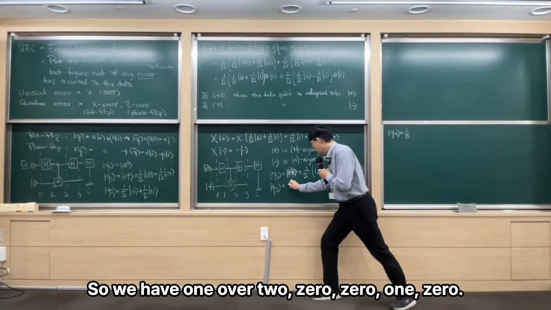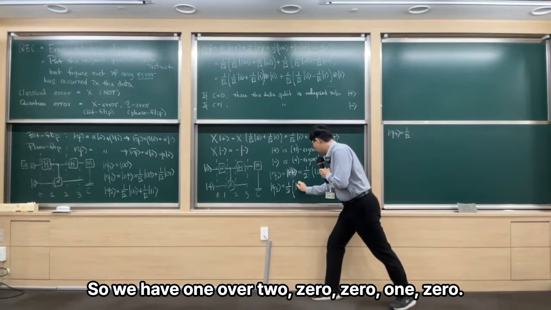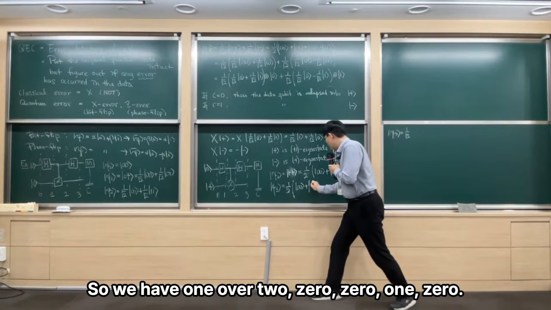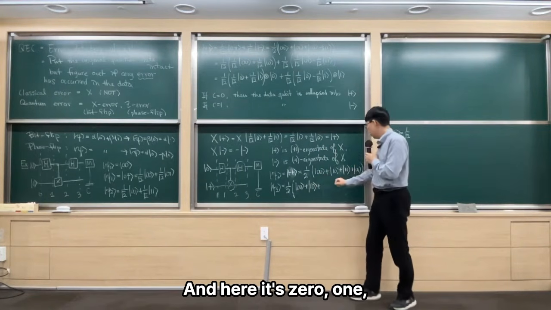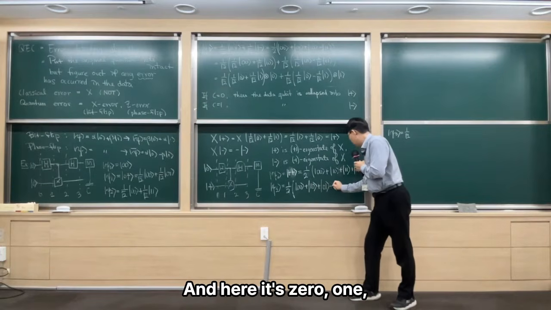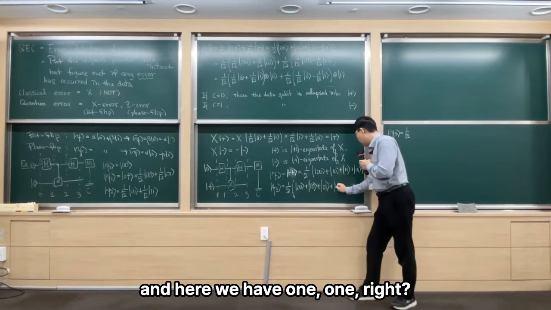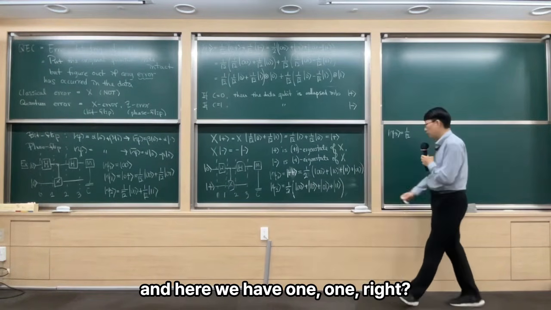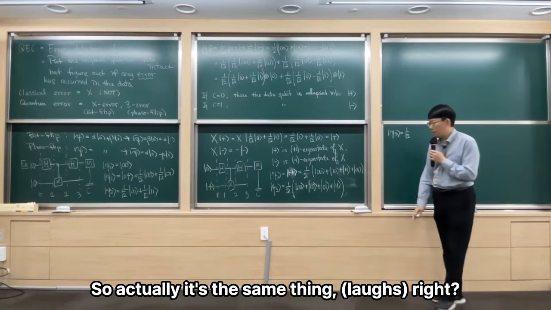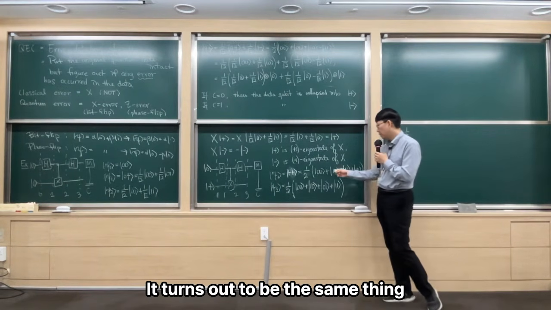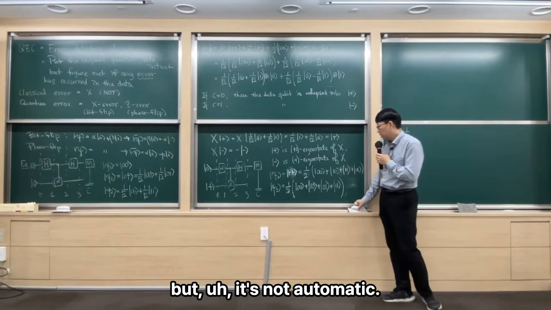So we have 1 over 2, 0 0, 1 0, and here it's 0 1, and here we have 1 1, right? So actually it turns out to be the same thing, but it's not automatic.